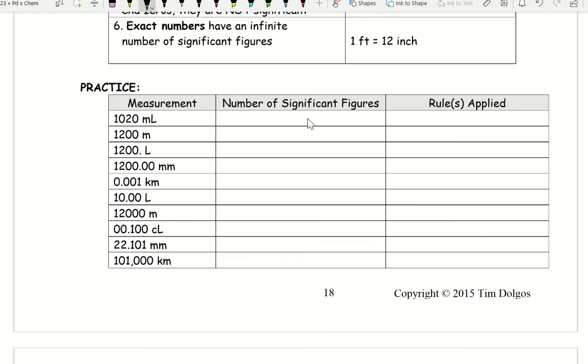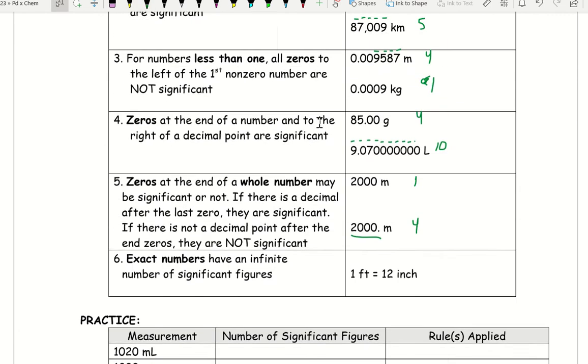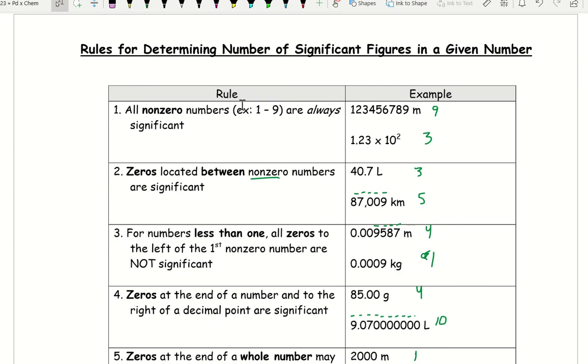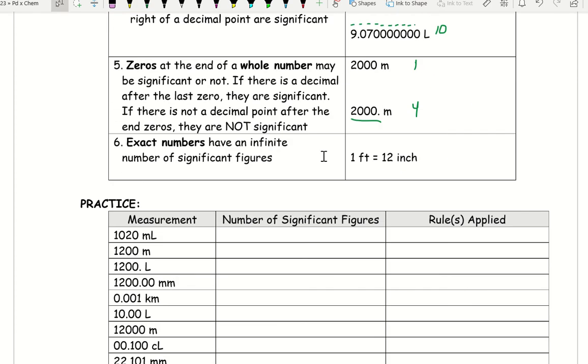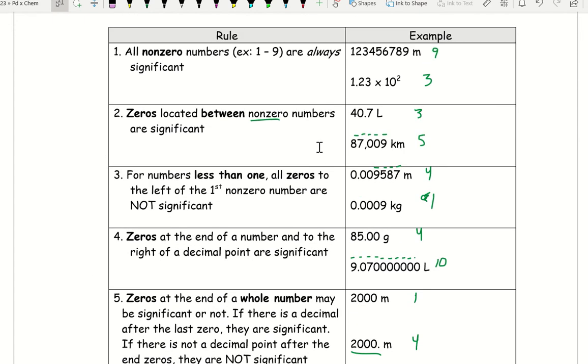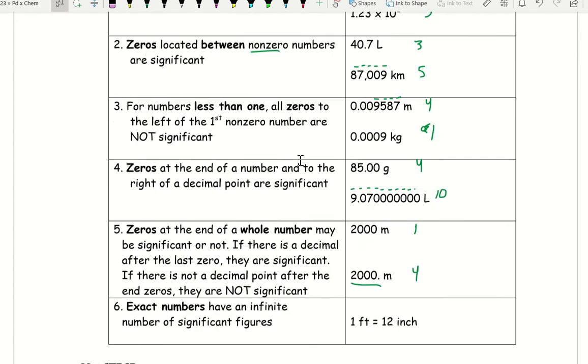All right, which rules do we use for 1020? Well, first thing is that we have non-zero numbers, always significant, so we use that one. How many significant figures, by the way? There are 3 significant figures. Now, we also use rule 2, which is zeros between non-zero numbers are significant.